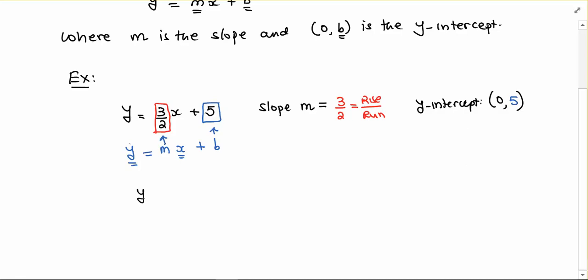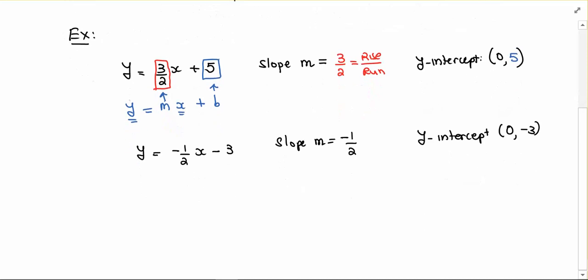So y equals negative 1/2 x minus 3. So this one here, the slope m is equal to negative 1/2. We know what that means. And the y-intercept is (0, negative 3).